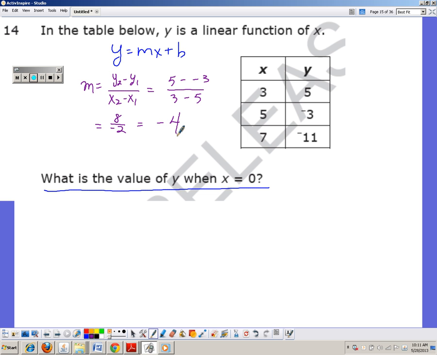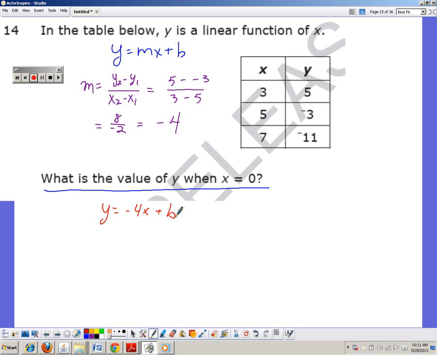Okay? Once you find your slope, now you gotta find your y-intercept. Y equals a negative 4x plus b. First you gotta find your y-intercept. That's when x equals 0. So we're just going to take any point we want up here and plug it in.